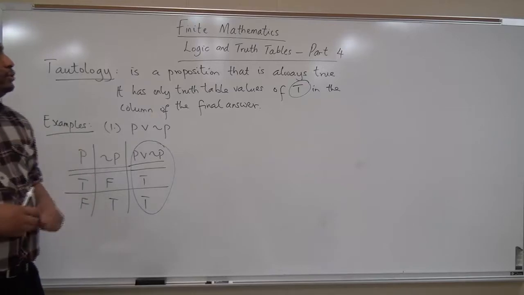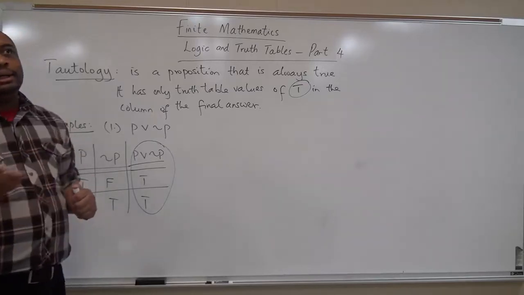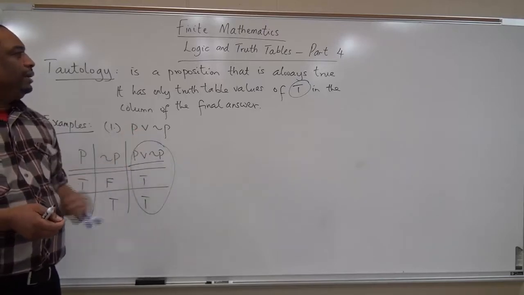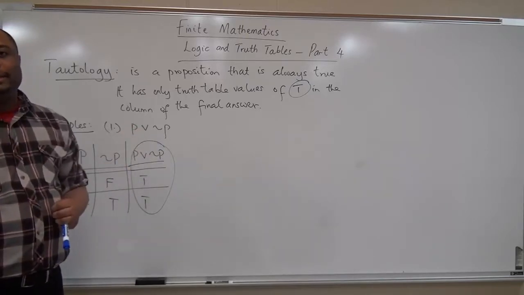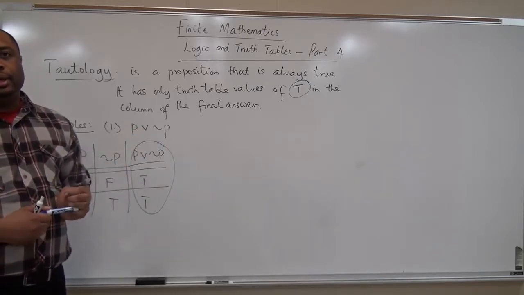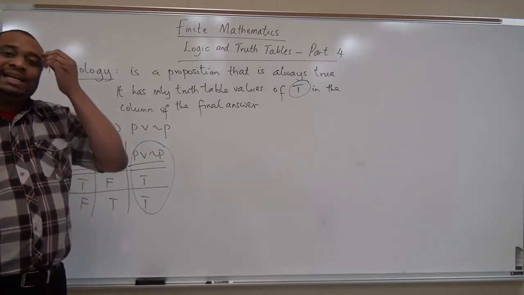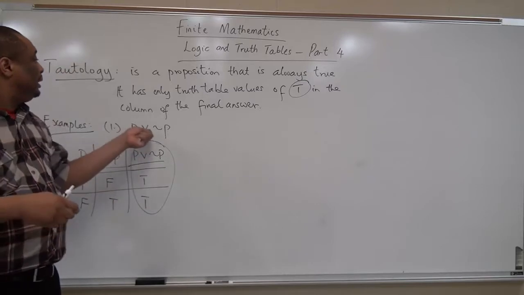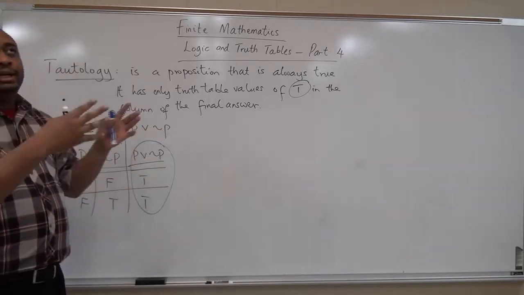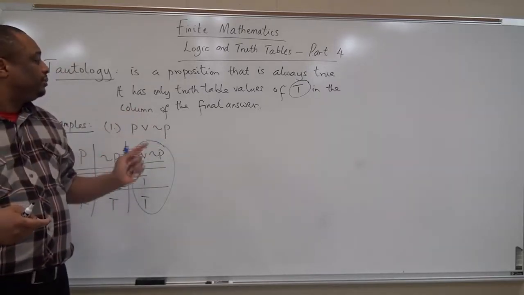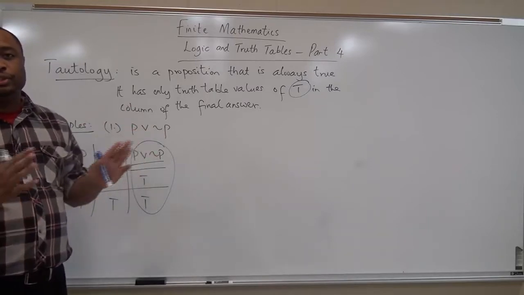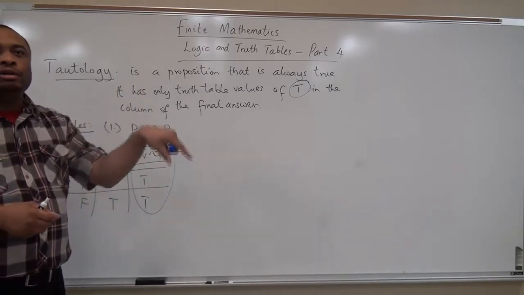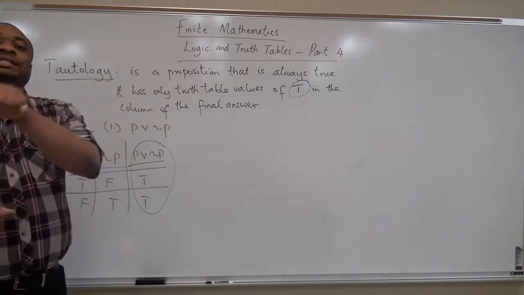Assuming you have P to be the sun is shining, then not P, the sun is not shining, or it is not the case that the sun is shining. If you join them with an inclusive disjunction, the sun is shining, or it is not the case that the sun is shining.